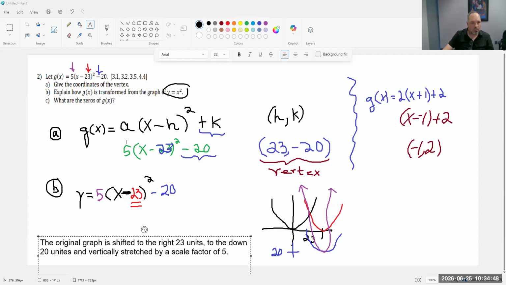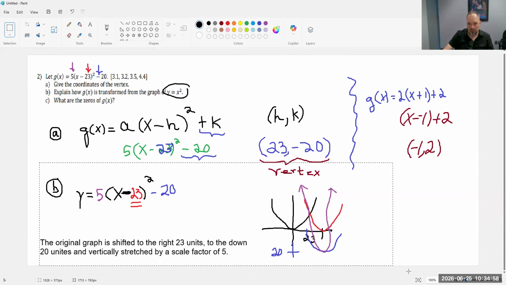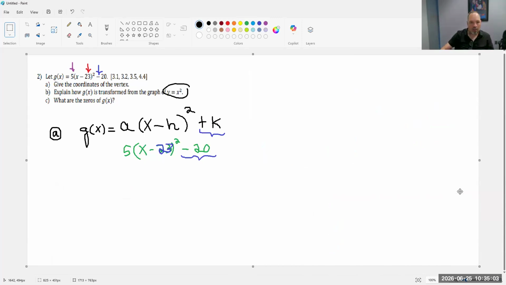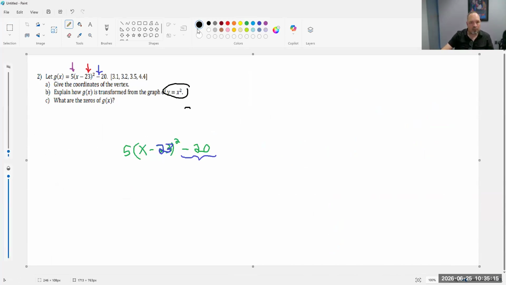Okay, so to do part C, what I am going to do is delete some of these things that are on the screen just to give me more space to work with. And I really mainly need that piece, because we're being asked to find the zeros. So I'm going to set g of x equal to 0.